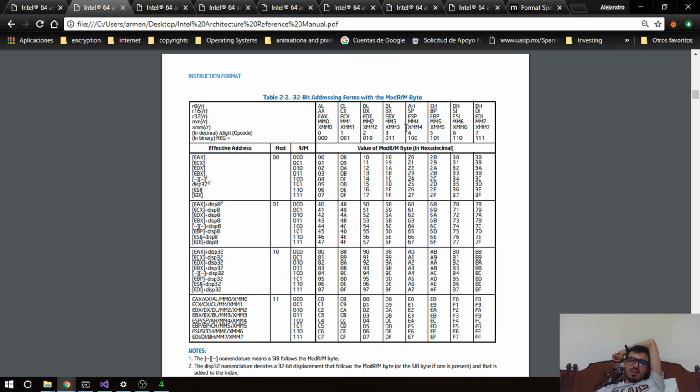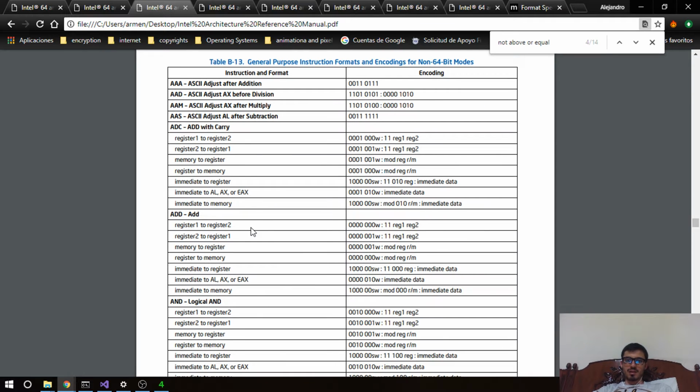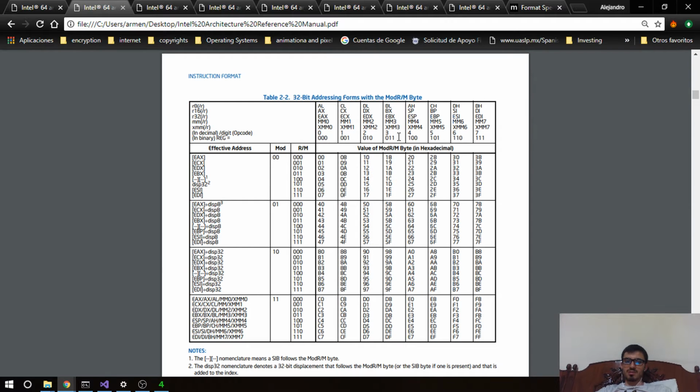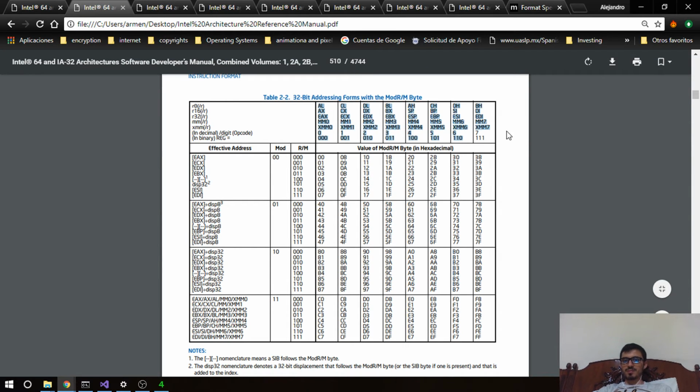So probably that field is not always meaningful. Sometimes it has a real meaning, sometimes it doesn't. For example, when we're moving from one register to another register, it has that meaning. The instruction tells me that we're moving from one register to another register. Let's say we have register 1, register 2. Register 1 has a real meaning, which is whichever of these ones.